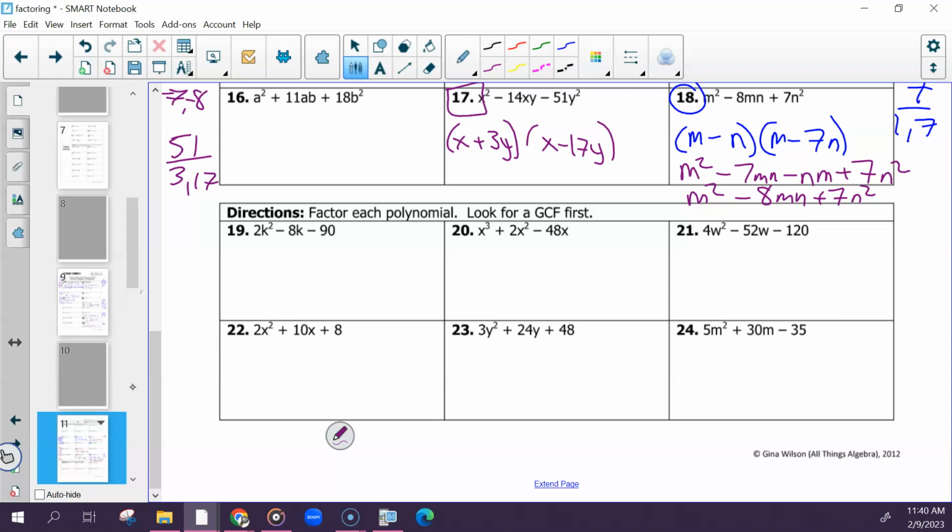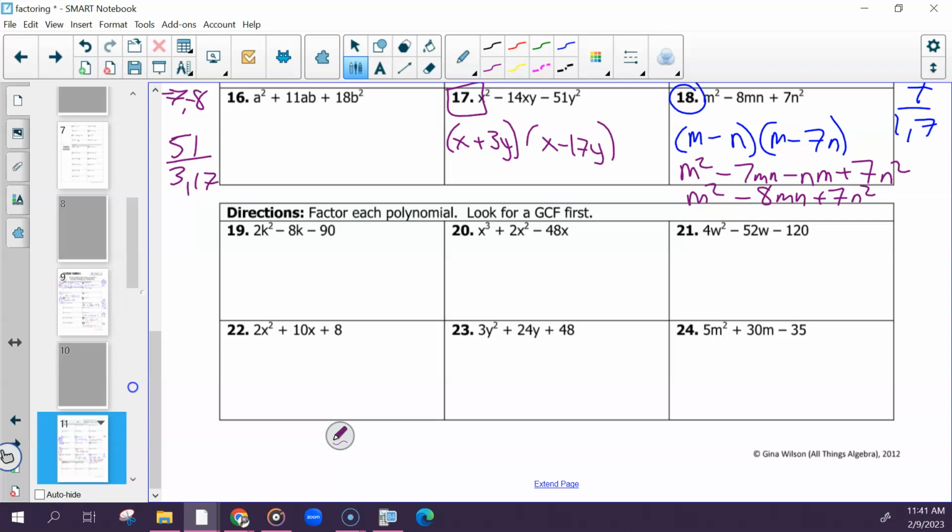Sometimes you'll have a GCF that we can factor out first so that it takes us back to what we've been doing. Does this have a GCF? And if so, what is it? What do those have in common, if anything? 2.